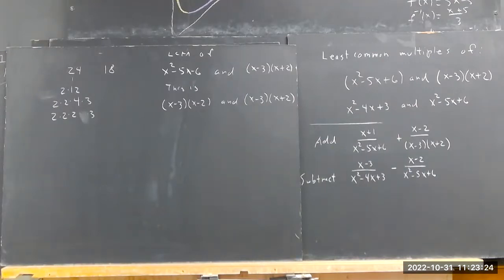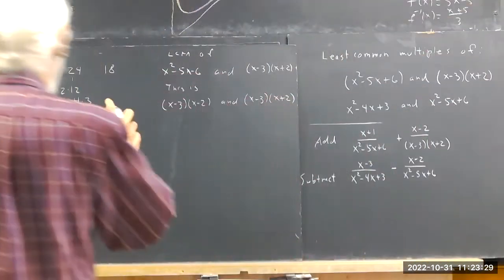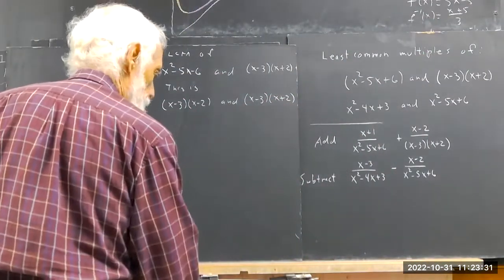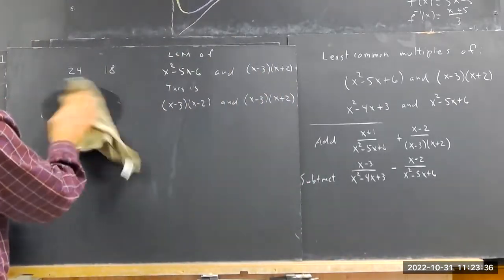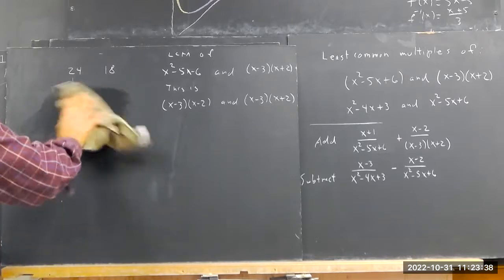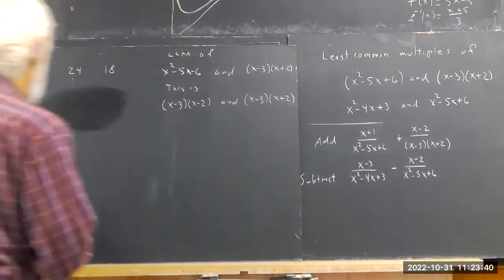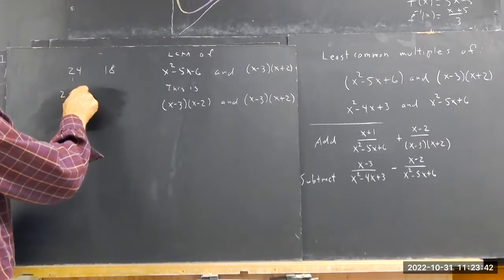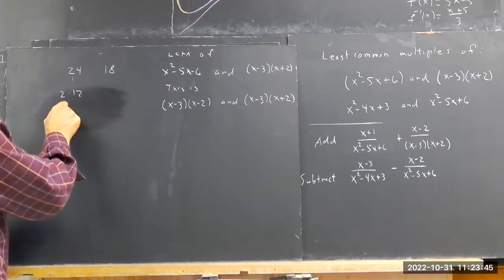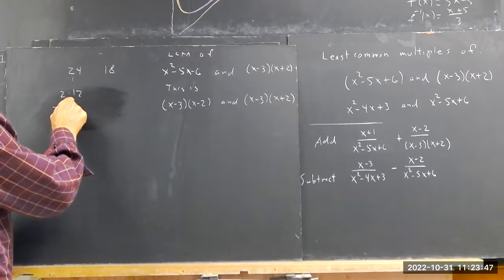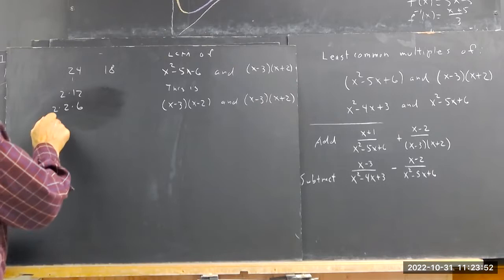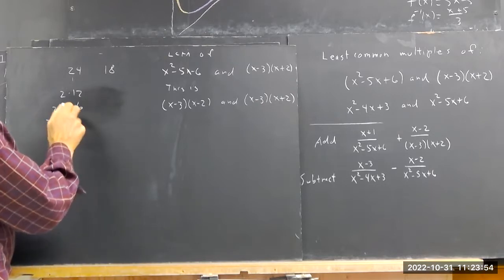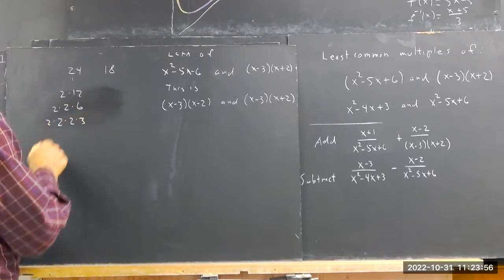Now what I was doing, I had to clean the board. Okay. Start over. Write this correctly. Okay. 24 is 2 times 12. 12 is 2 times 6. 6 is 2 times 3.